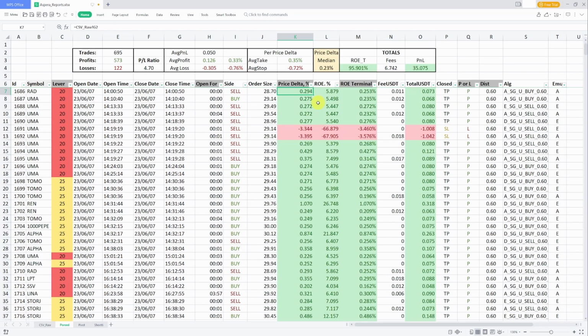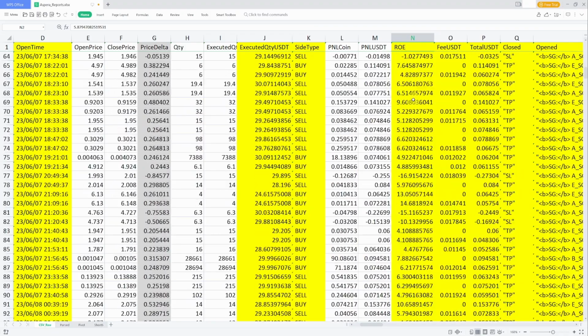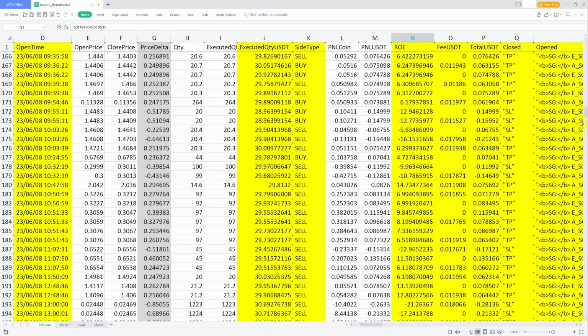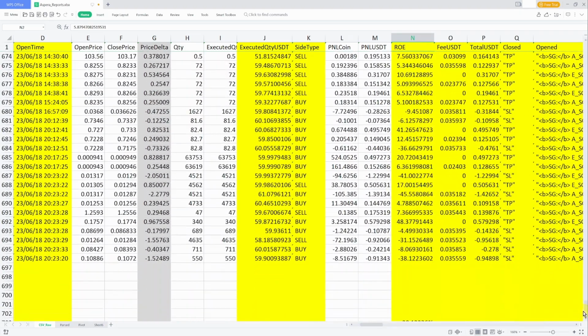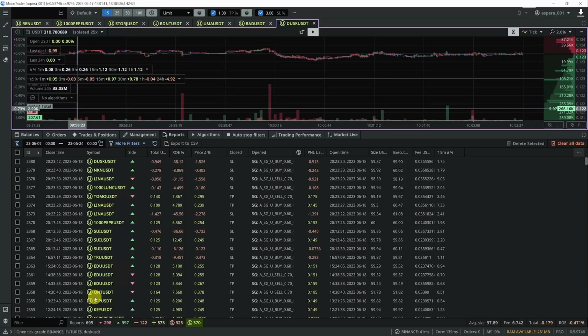So this all came about when I was trying to research this ROE and what exactly this means. Again, this one is coming straight from the reports in this column. Let's just pick a transaction that we can base our explanation on. Let's take this last one, Dusk USDT. Here it is in the terminal.